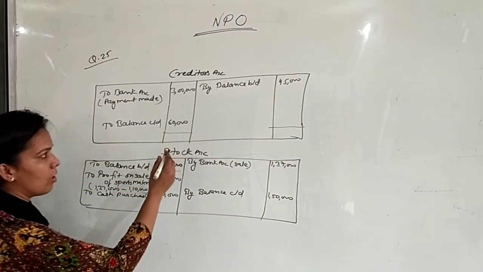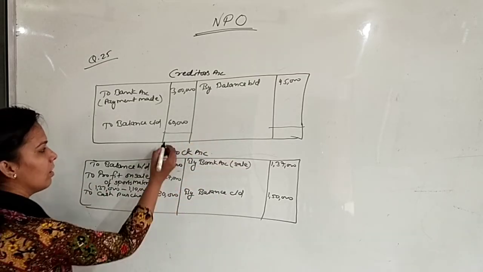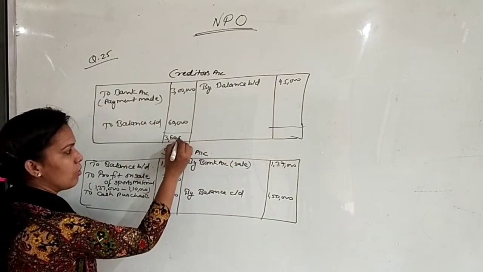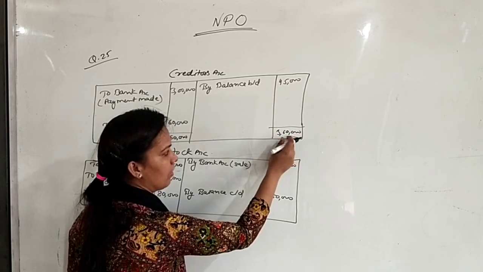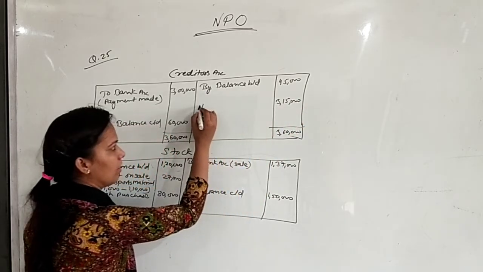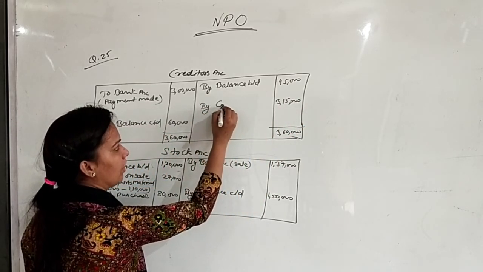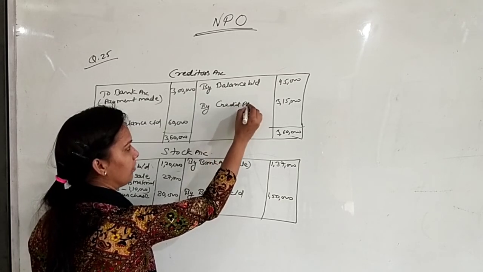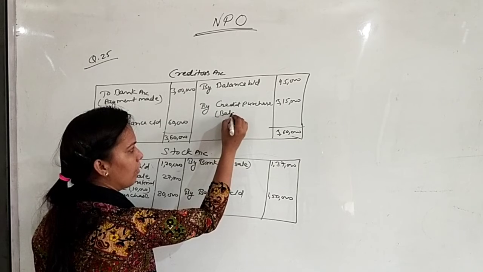First close the creditors account, because with the help of this account we will find credit purchase. This is 3,60,000. 3,60,000 minus 45,000 is 3,15,000. This is by credit purchase, or balancing figure.